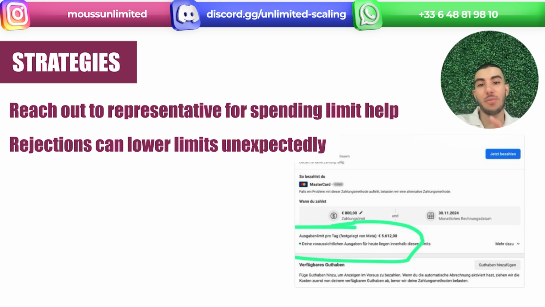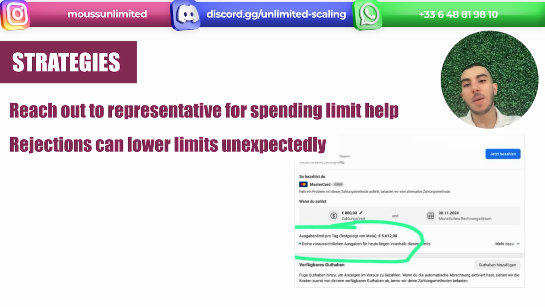And also, if this workaround makes your spending increase, but for some reason you get some ad rejected or payment rejected, you might lose the advantage you got by increasing your spending limit, and you have to do this process again and again, like every week, always requesting a spending limit increase, etc. And you can basically aim for doubling it, but doubling it within like 1 week or 4 days sometimes is not enough, especially when there are some big moments in the year when you want to spend a lot of budget, okay?